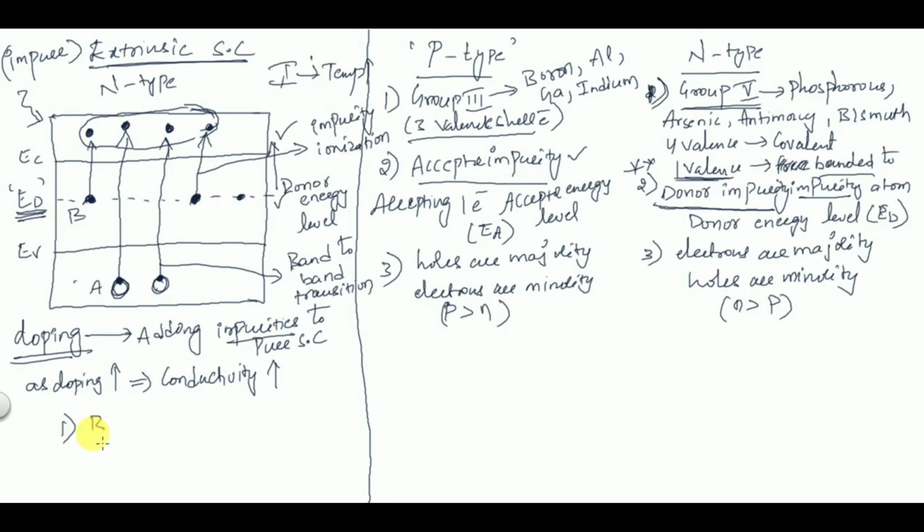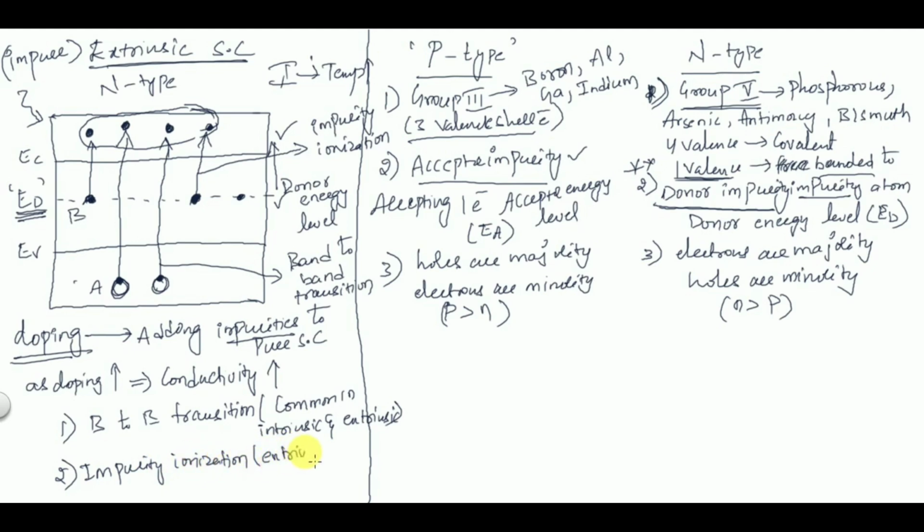One is band to band transition, which is common in intrinsic and extrinsic semiconductors. But the impurity ionization process is there only in the case of extrinsic semiconductors.